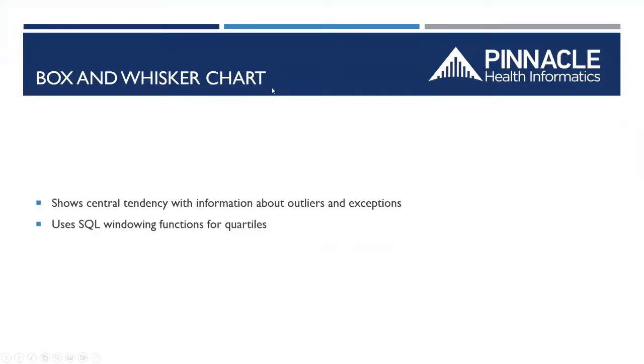So again, it shows central tendency with information about outliers and exceptions, and uses the SQL windowing functions for quartiles and that percentile cont function, which is very powerful. Those are two really, really good things and good methods of profiling your data.